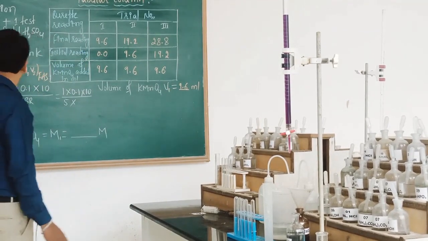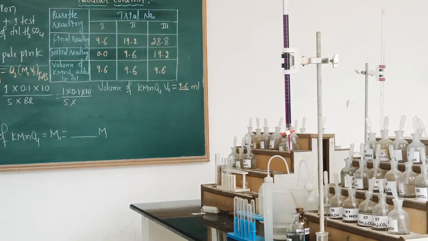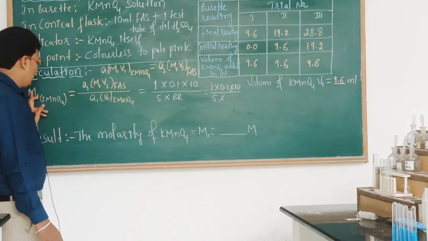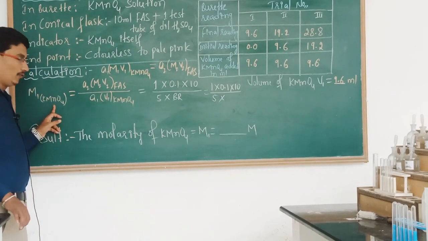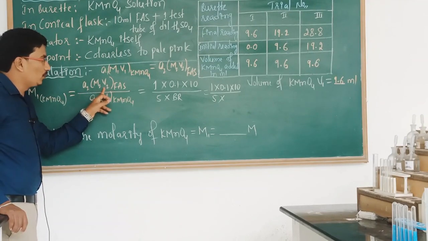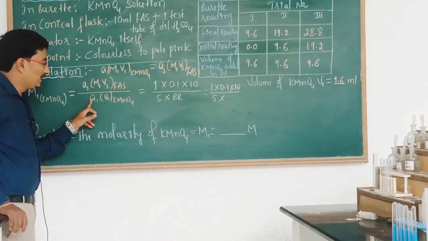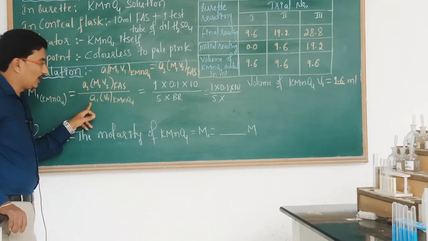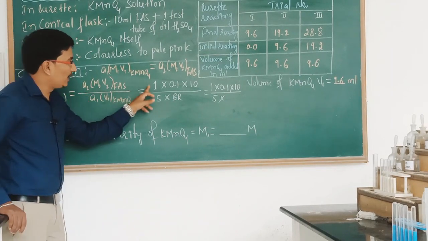Now I am going to use the formula to calculate the molarity of KMnO4. The formula is: the molarity M1 of KMnO4 is equal to a2 M2 V2 of FAS over a1 V1 of KMnO4. Here the values of a2 and a1 are given, a2 is equal to 1.